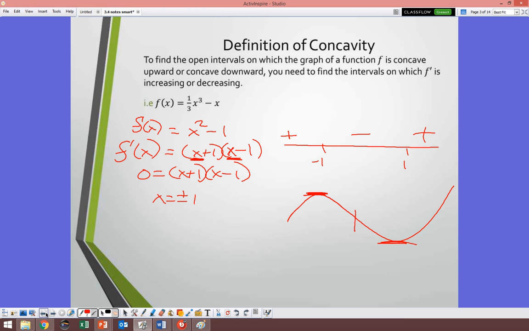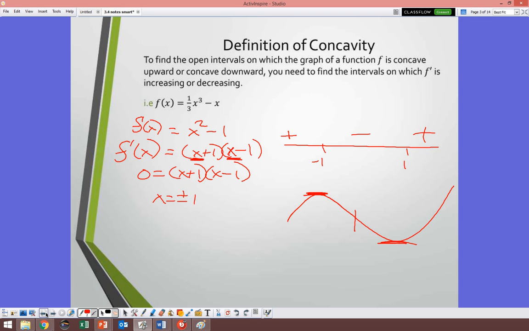So now, if I'm going back and looking at this again, this is concave down here, right? Yeah. That's concave down. So all this is down, down, down, except at some point it's going to change, and all of a sudden it's going to become up, up, up, right? That's what I'm using my second derivative for.